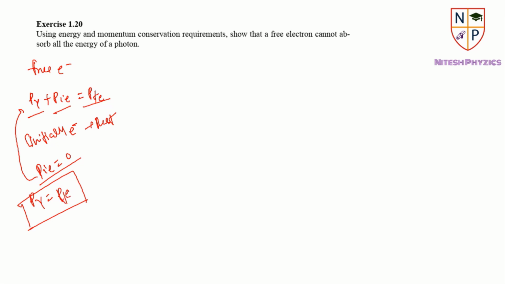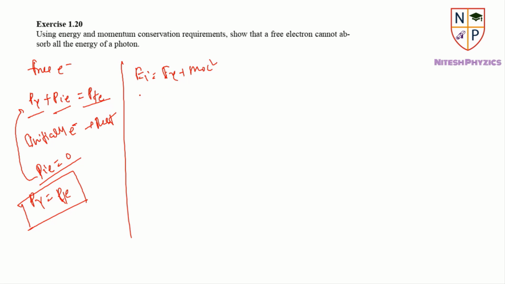Now the initial energy of the photon and electron system will be given as E i equal to E gamma plus m naught c square, where E gamma is the initial energy of the photon and m naught c square is the rest mass energy of the initial electron.